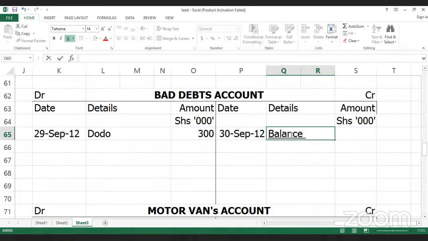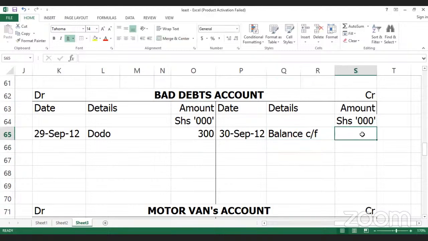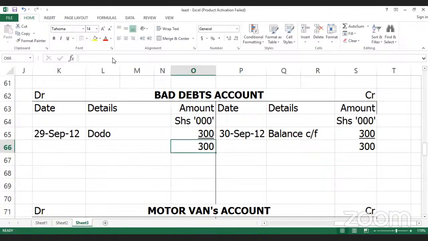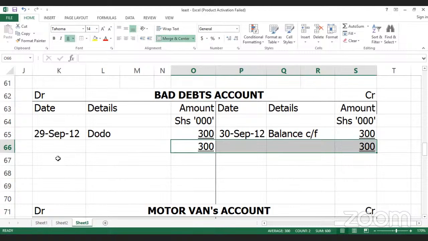Balance carried forward, that is 300. Bad debts is an expense for the business, so you know expenses have a debit balance according to the rules. So we balance it off. Make sure that the totals are on the same level.